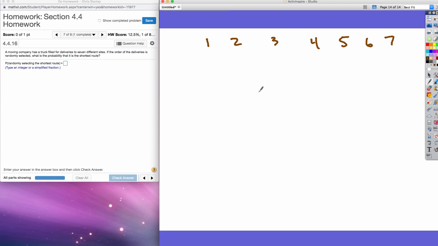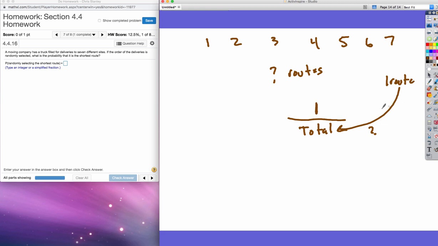Okay, we don't know the length of the routes, but so basically they're saying like how many routes are there? So you're going to take however many routes. This is the total number of routes. And to get the shortest one, there's one shortest one out of all those routes. So like for example, if they want in this order, 1 to 2 to 3 to 4 to 5 to 6 to 7, that's one route out of how many? So we have to figure out how many routes there are.